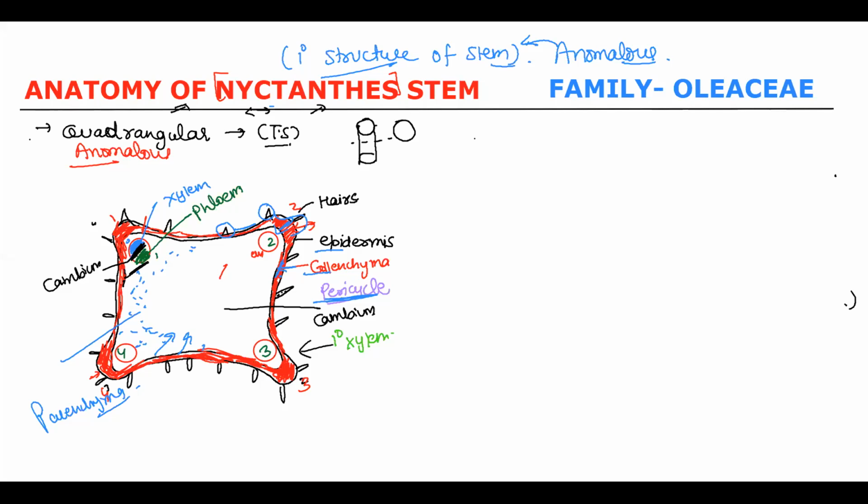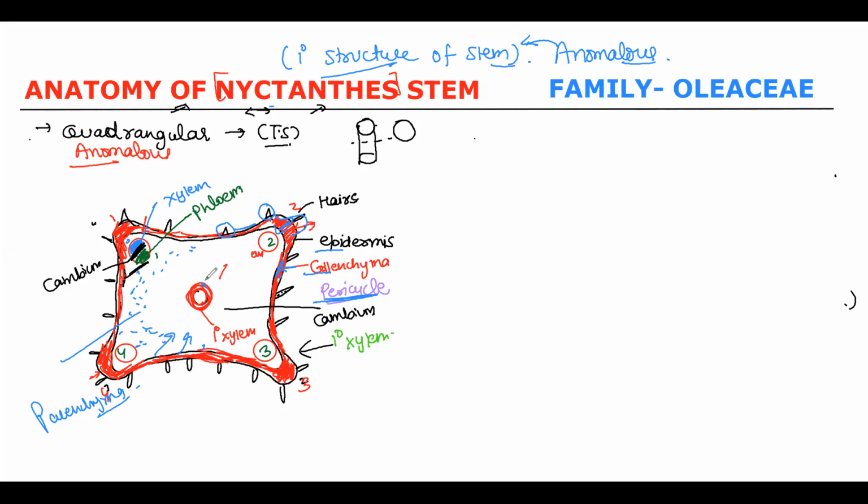So in the center, it will look like this. There would be the pith. After the pith, there would be primary xylem. This red is primary xylem. After the primary xylem, there will be the new xylem which was added by the cambium.